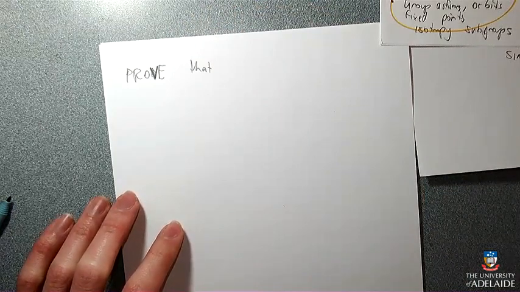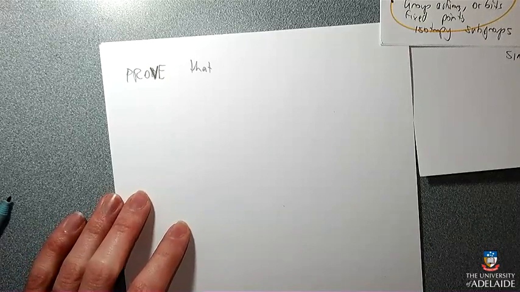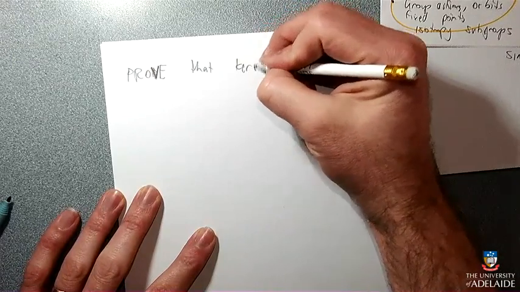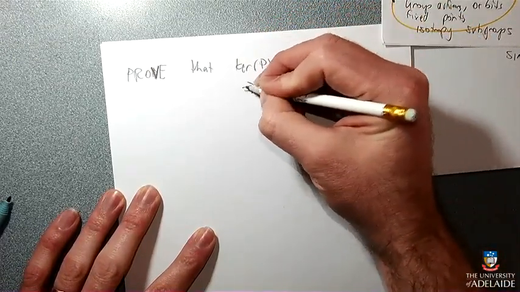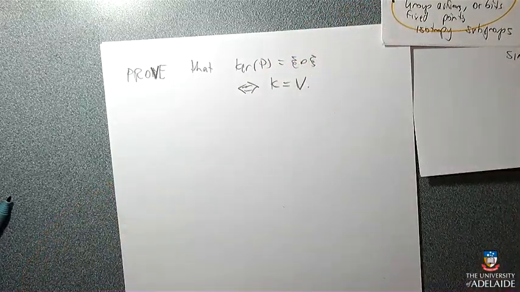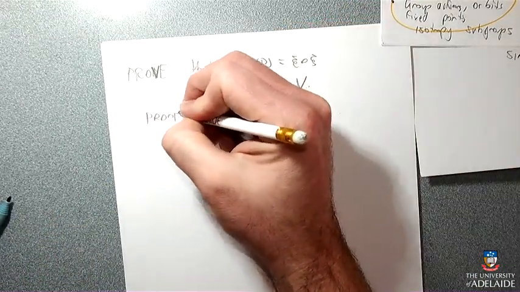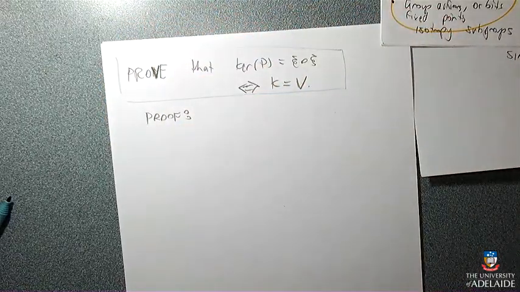Prove that the only way that the kernel can be the 0 vector is if K is V. Prove that the kernel of P equals the 0 vector if and only if K is V. Okay, good. This is a good little proof, assuming all those definitions of what K and P and V are.